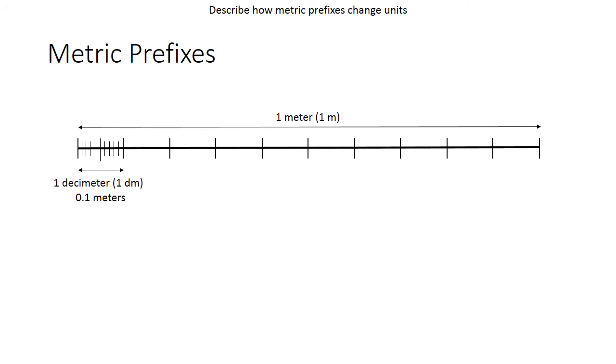Now this here is the same schematic or same model I had on the previous slide, where I have my 1 meter, this whole thing represents 1 meter, and I've divided it into decimeters, where from one of these black marks to the next is a decimeter. But now I've taken one of those decimeters and I've divided it into 10 even smaller portions, where I've divided that 1 decimeter into 10 equal parts.